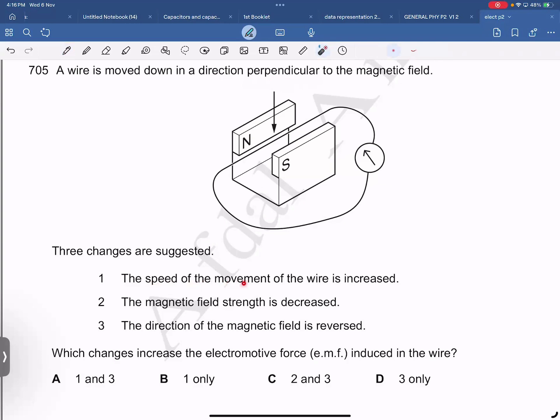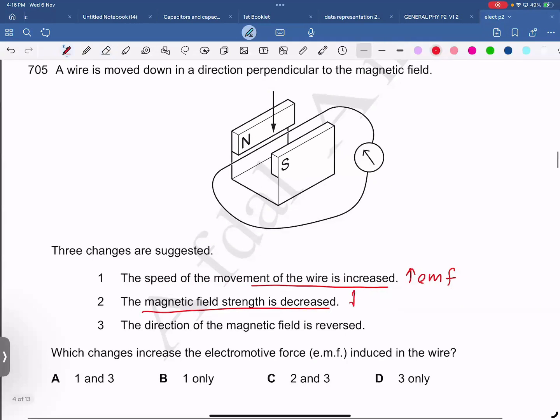The speed of the movement of the wire increased: more speed, more EMF induced. Magnetic field strength increased: stronger magnetic field, more EMF induced. Decreased: weaker magnetic field, less induced EMF.